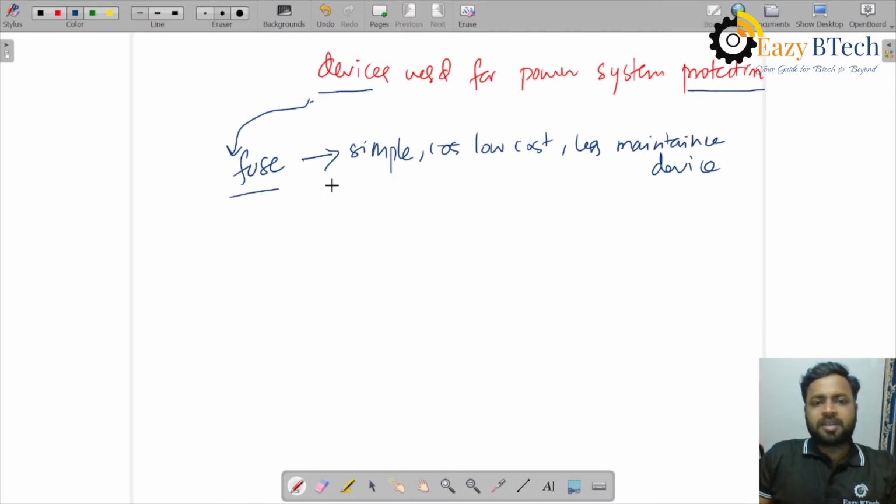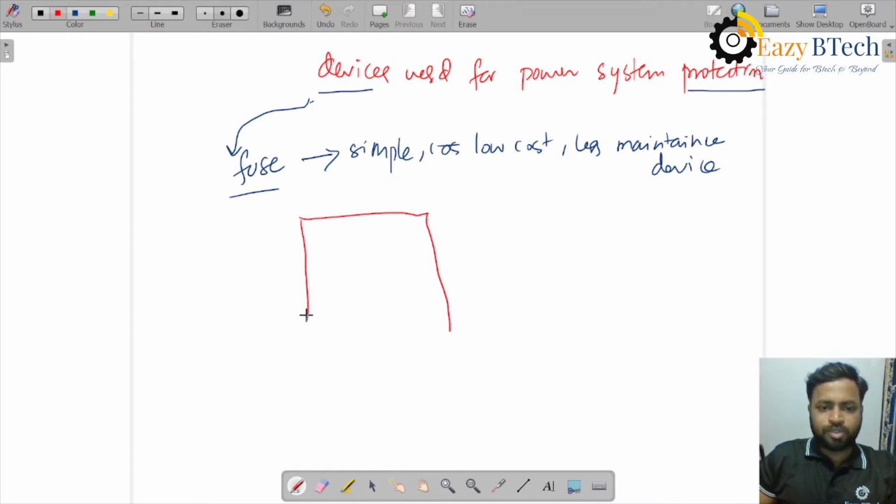If we try to observe what a fuse is actually doing, let us take this house. Let us suppose it is having 3 rooms. In each room there is a fuse. Let us call them F1, F2 and F3.